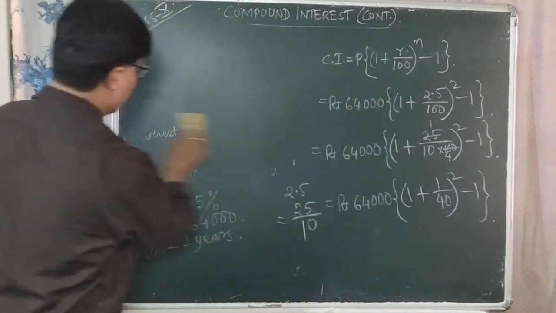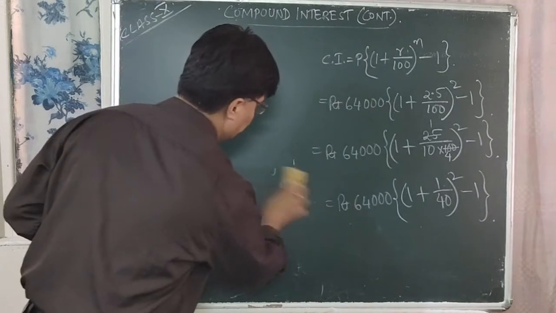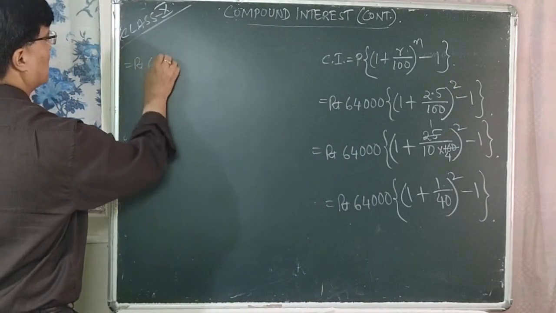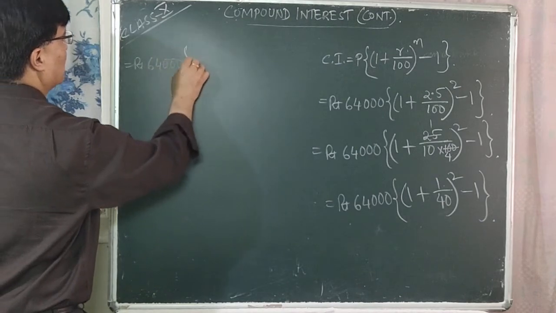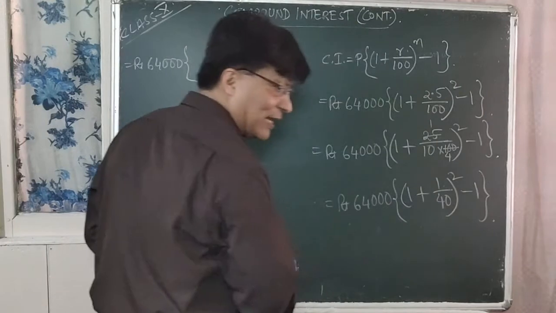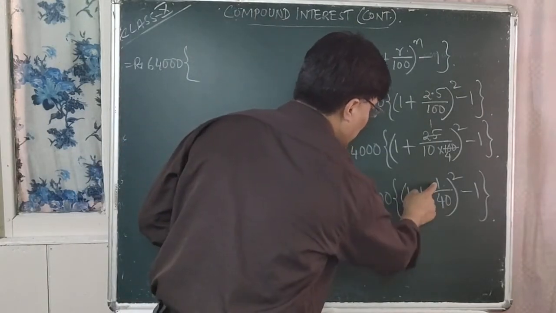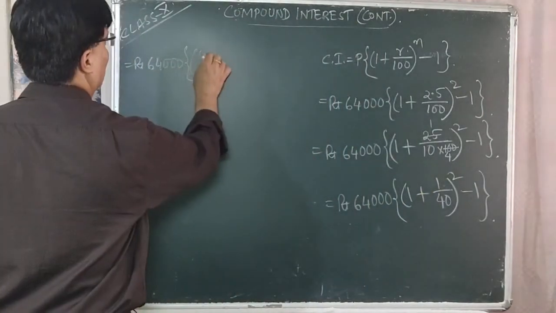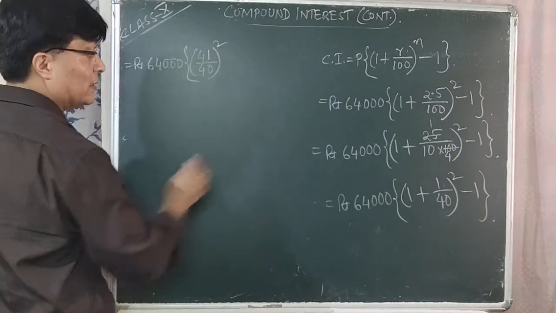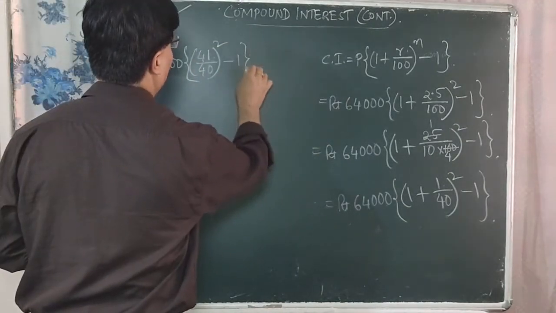Now let us simplify it further. Is equal to rupees 64,000 within second bracket now. So now let us calculate it. 40 plus 1, 41. That is 41 by 40 whole square. Right? Then you have to write minus 1.